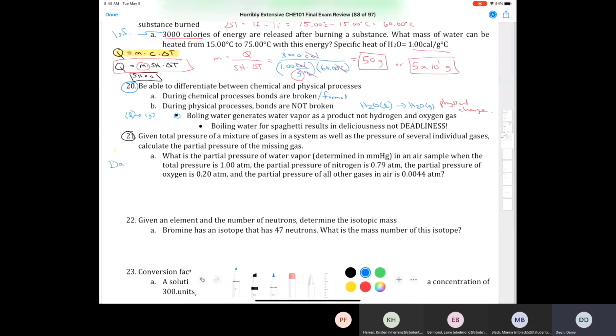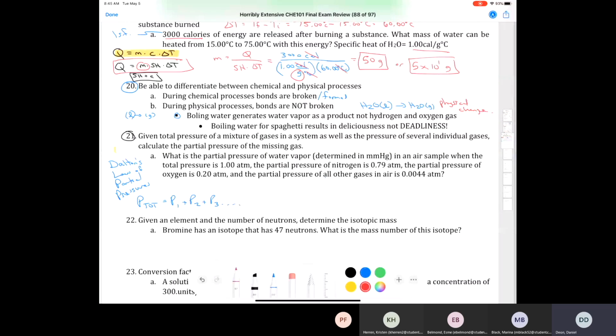Dalton's law states that the total pressure is equal to the sum of the individual pressures of all the gases. So it'd be the pressure of the first gas plus the pressure of the second one, and so on and so forth.